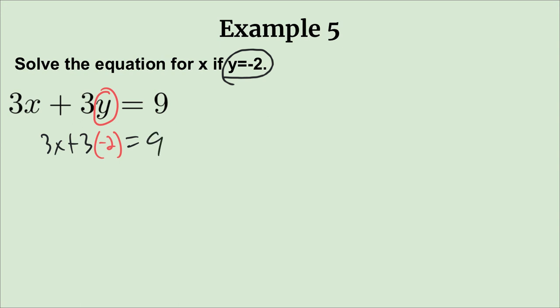This equals 9. We'll simplify. We get 3x minus 6 equals 9. 3 times negative 2 gets you a negative 6. Add 6 to both sides. We have 3x equals 15. Divide both sides by 3. X equals 5.